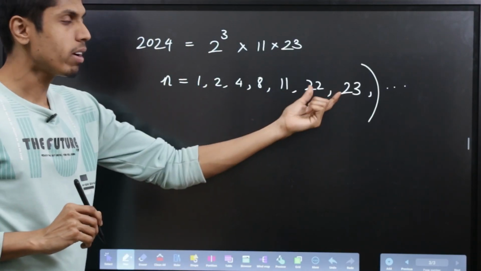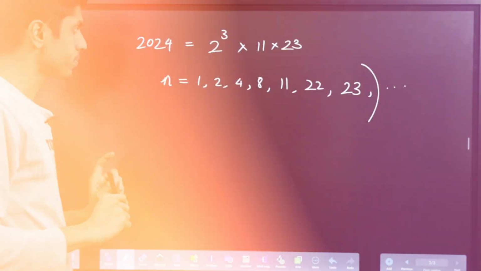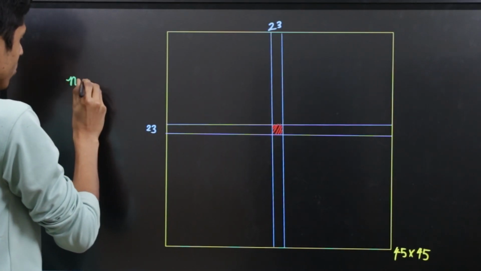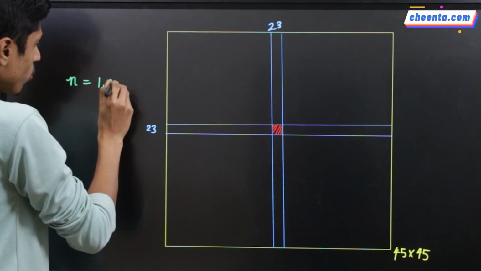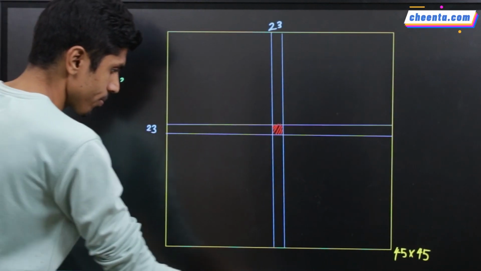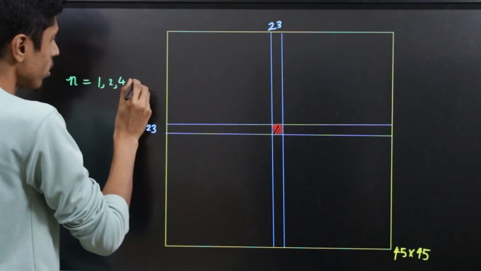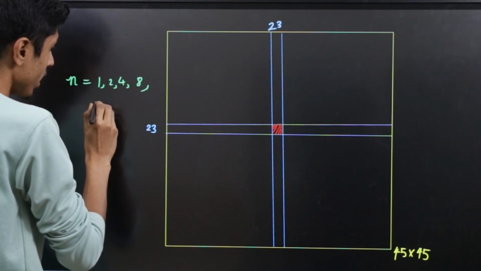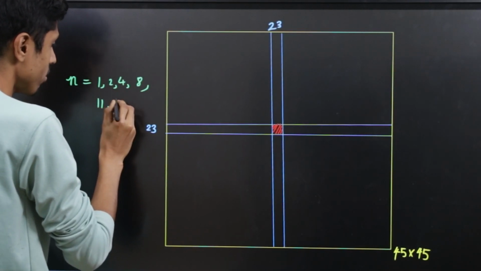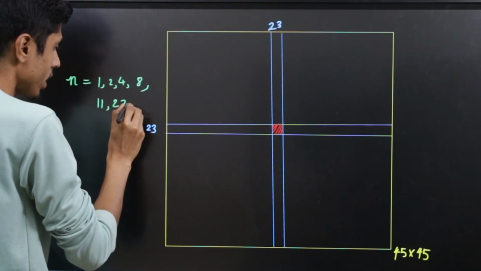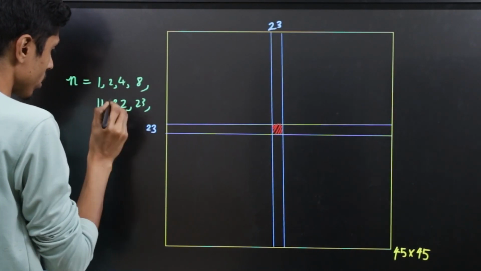We will prove all values above 23 are not possible. So as we saw, the possibilities for n start from 1 and go to 2, then 4, then 8. We have 11, 22, 23 and so on.